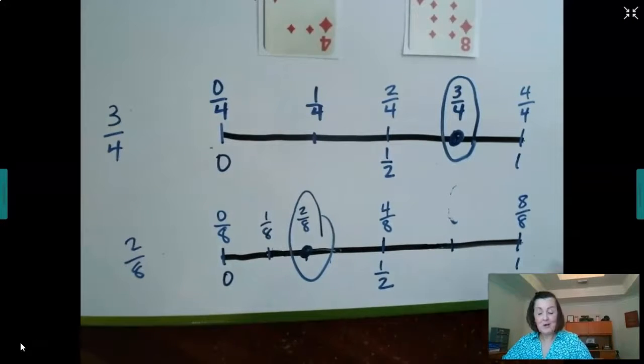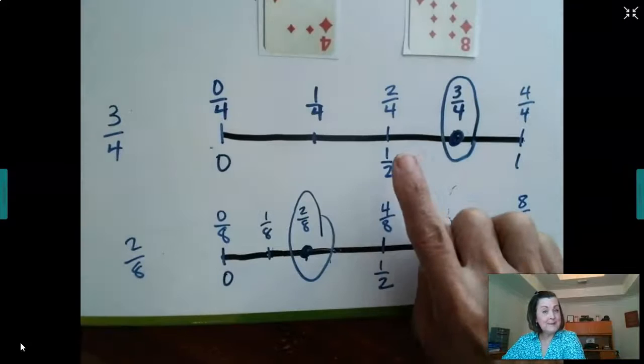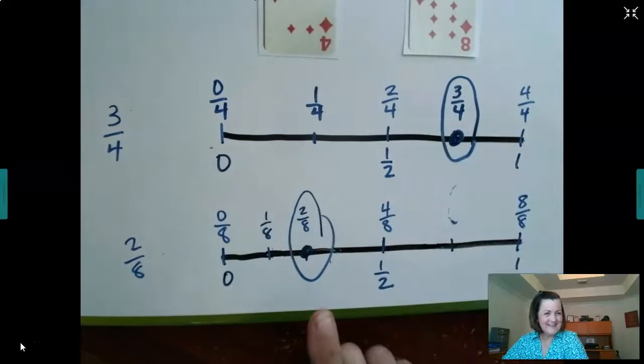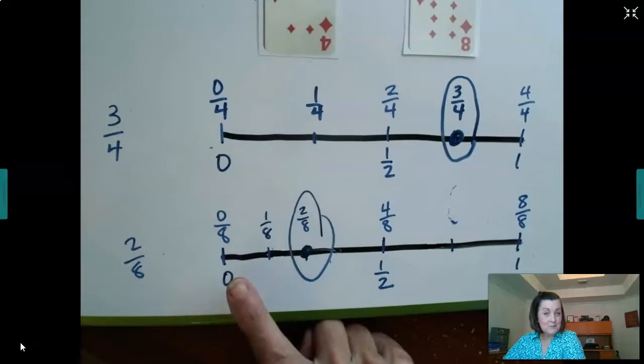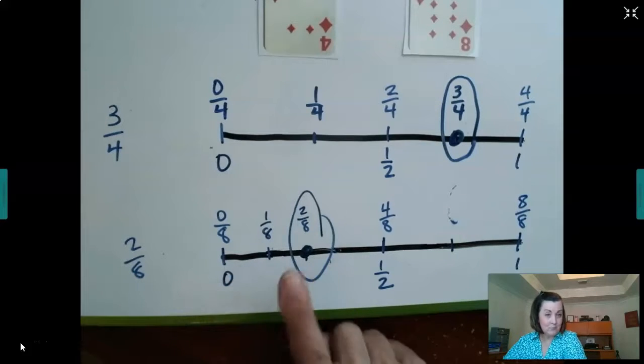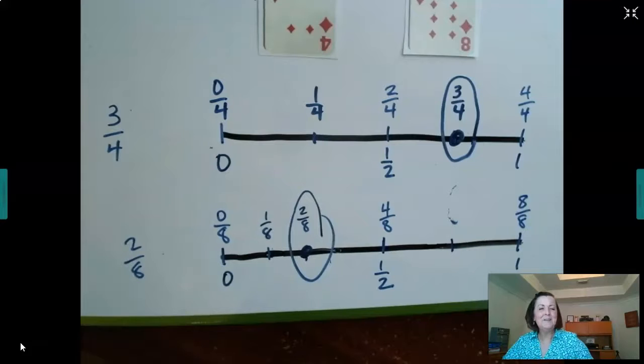Did you plot that 3/4 was between 2/4 and 4/4? Good. And did you plot that 2/8 was between 0/8 and 4/8, right in the middle? Good job. Now, I want you to write your two comparison statements comparing 3/4 and 2/8. Write it two ways, please.